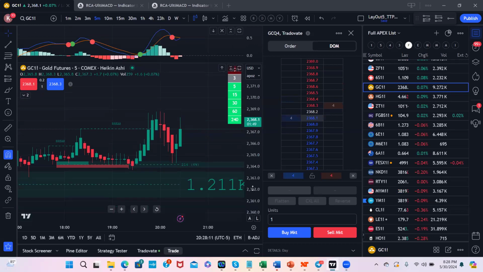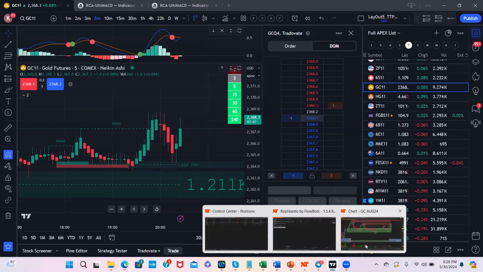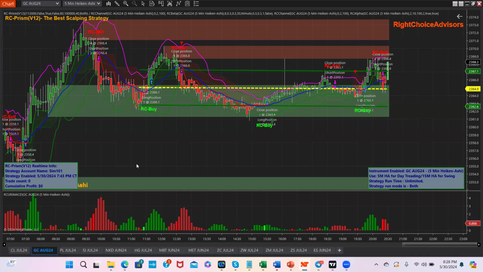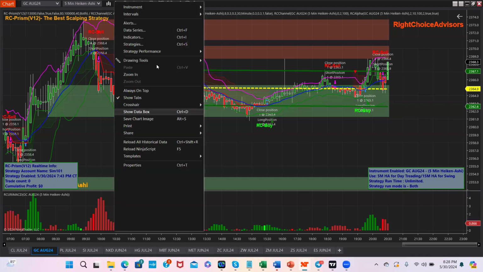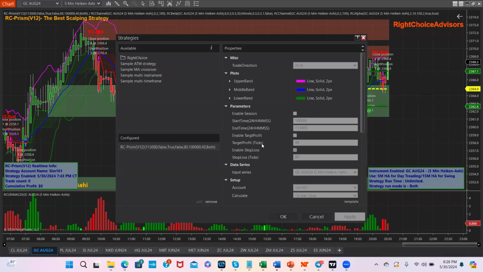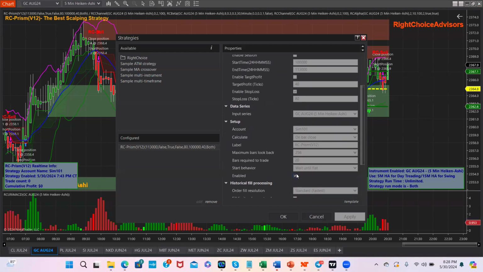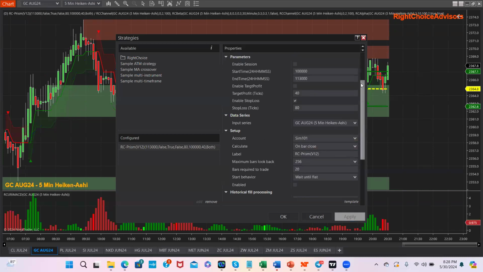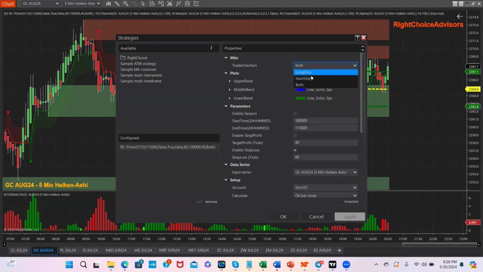The trend is looking bullish, so I can go and change it to bullish. Generally we do it before 7 itself. So we just have to watch the trend, and based on that we will enable the direction.